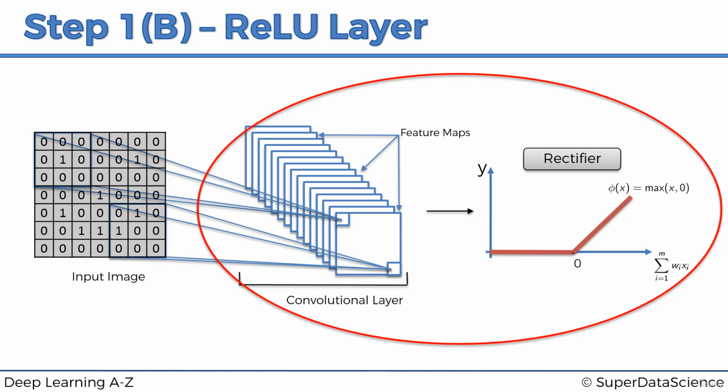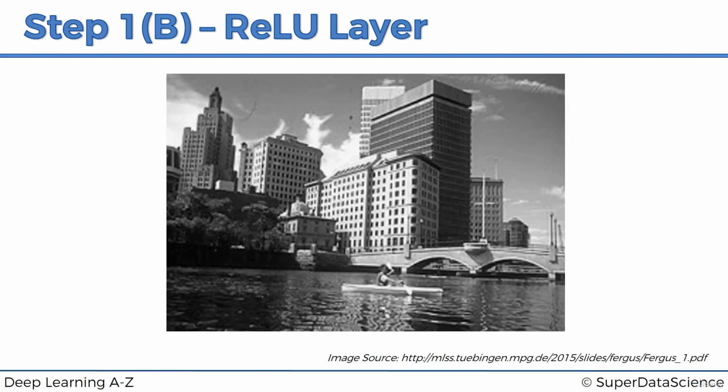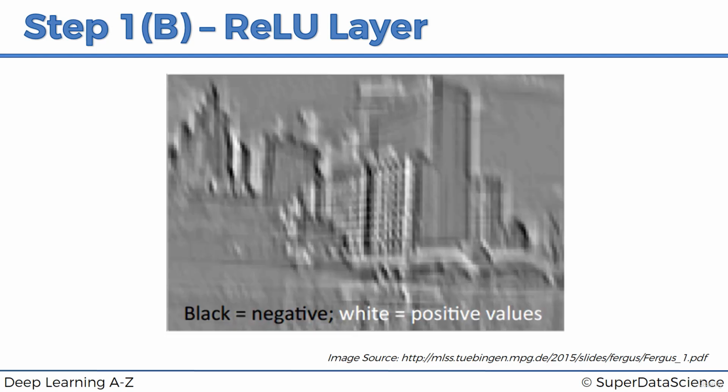So let's have a look at an example. Here is an original image. Now, when we apply a feature detector to this image, we get something like this. So you can see here that black is negative, white is positive values. When you apply a feature detector to a proper image, which has not just zeros and ones, but lots of different values, and as we saw previously, feature detectors can have negative values in themselves, sometimes you'll get negative values.